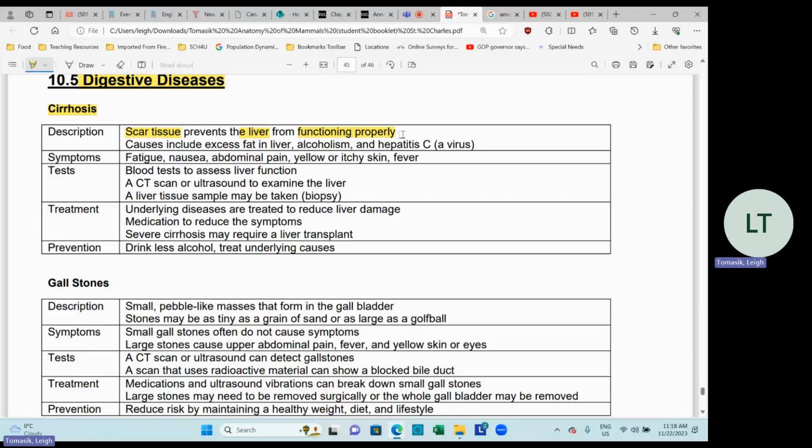So remember how we said the liver can make bile, which breaks down fat, and it can break down unwanted, like toxic and waste products in the body. So, people who have cirrhosis can't digest fat well, and they also have trouble breaking down waste products and toxins in the body.